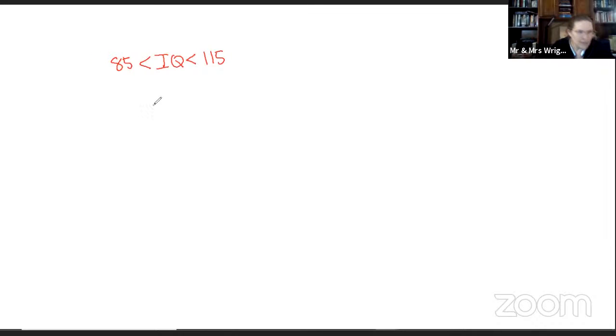And it says the mean IQ, or the mu, is 100, and the standard deviation is 15. Looking at this, the only real formula we've learned so far that uses this information is the normal curve one, because it has a mu and a standard deviation.